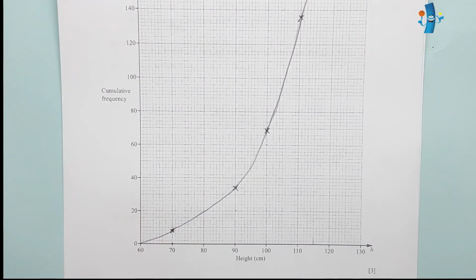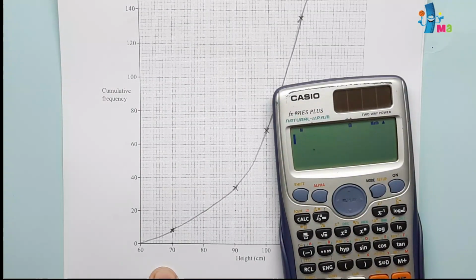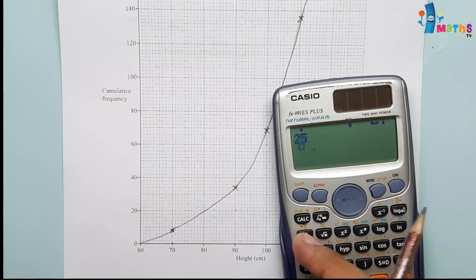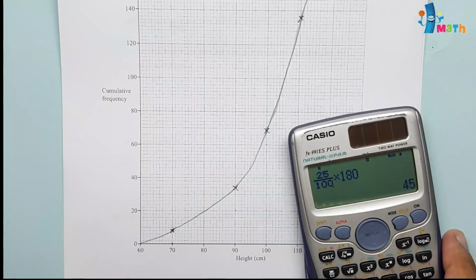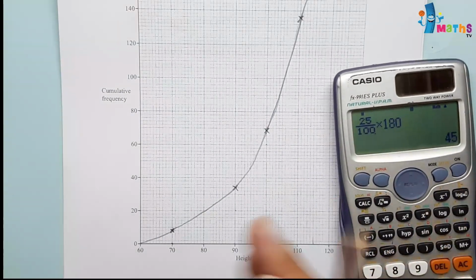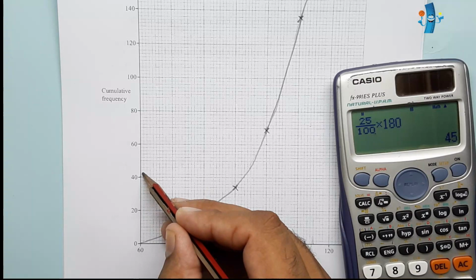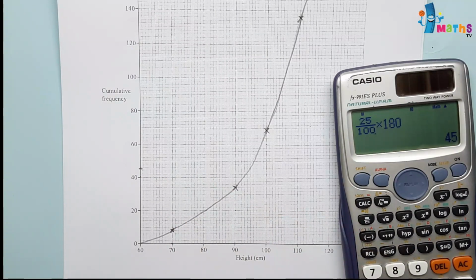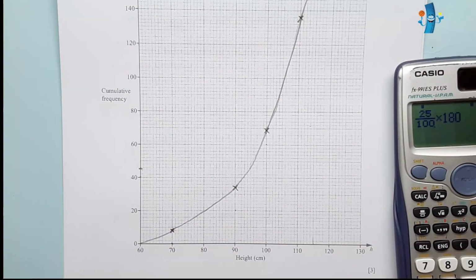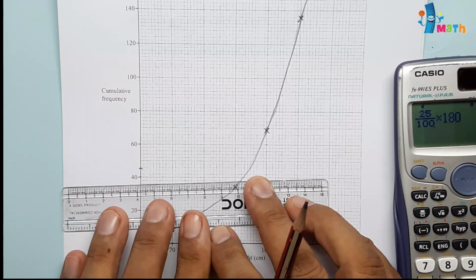To calculate the 25th percentile, the total is 180, so 25 over 100 times 180 will be equal to 45. So this will be the 25th percentile. This is 40, 42, 44, and 45 will be roughly over here. So we can draw a line for the 25th percentile.